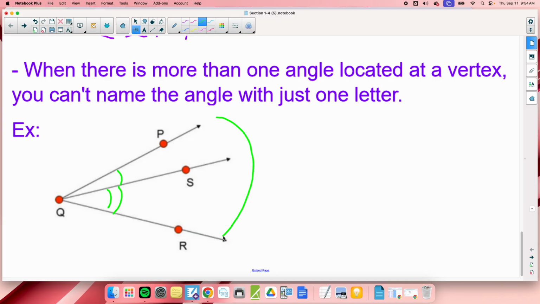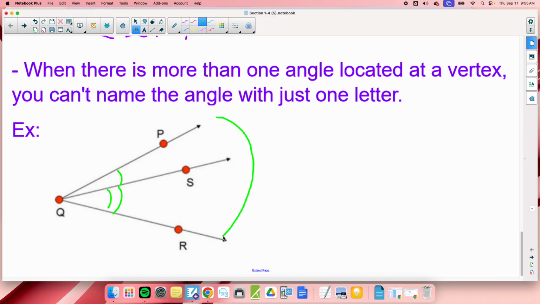There's 3 different angles drawn with that same vertex. So if I said, find angle Q, you wouldn't know if I meant this one or the whole one. Because of that, you have to use 3 letters whenever you have more than one angle drawn there.